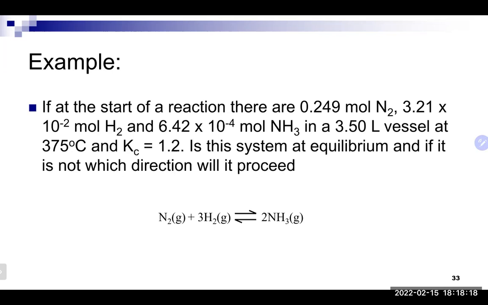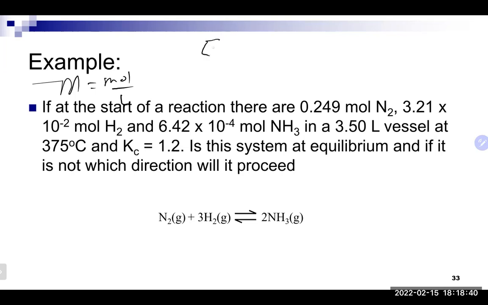So in this particular case, we are given the concentration of everybody, sort of in parts, if you will, but remember, molarity is moles per liter. We do have the moles and the liters of each of these things, so we can calculate the molarity of each.